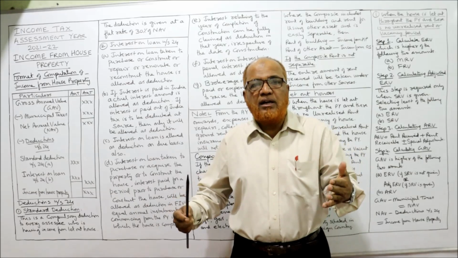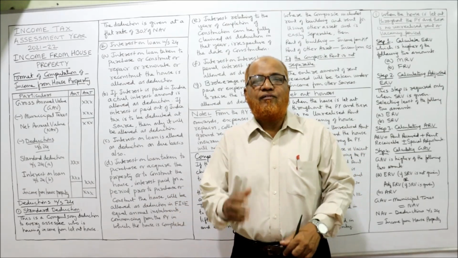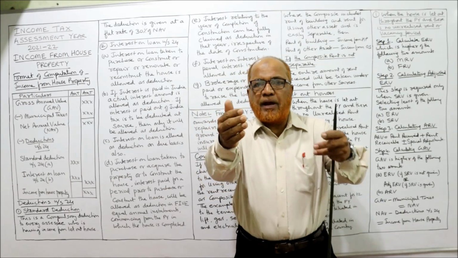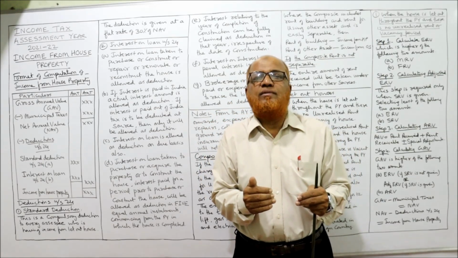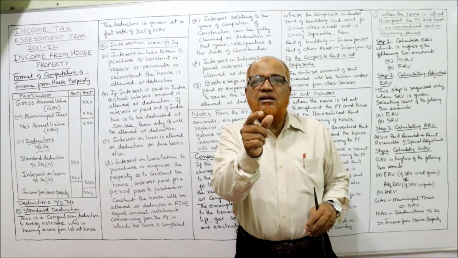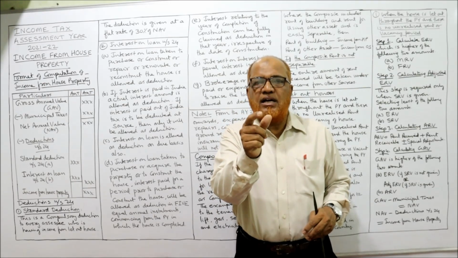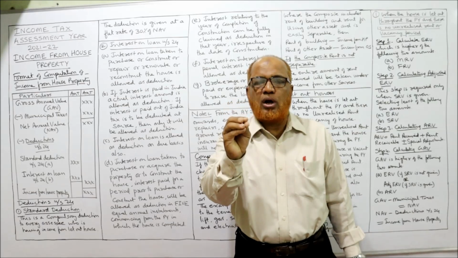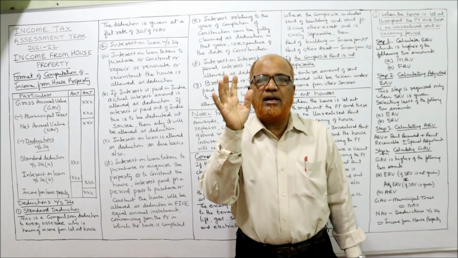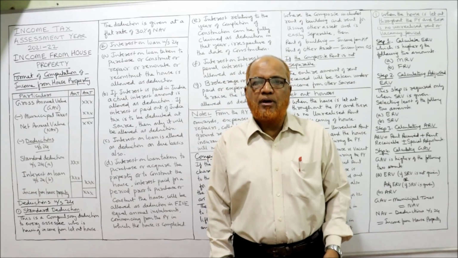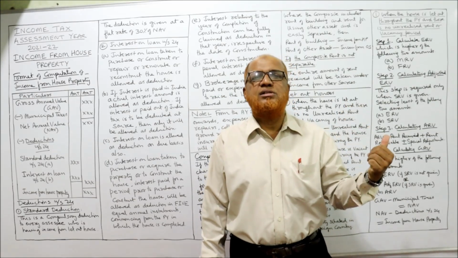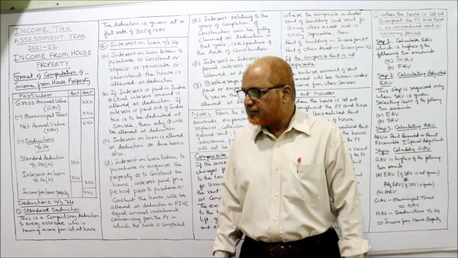So whatever interest paid by the owner in 16, 17, 18, these are the interest paid prior to the construction of the house. And this interest will be allowed as deduction in 5 annual equal installments commencing from the date of completion of construction. Right now, simply remember this point. While doing the problem, we'll come across this point. I'll explain again.